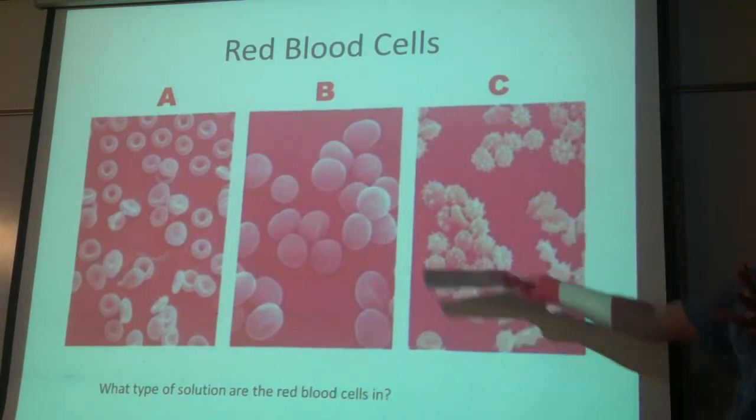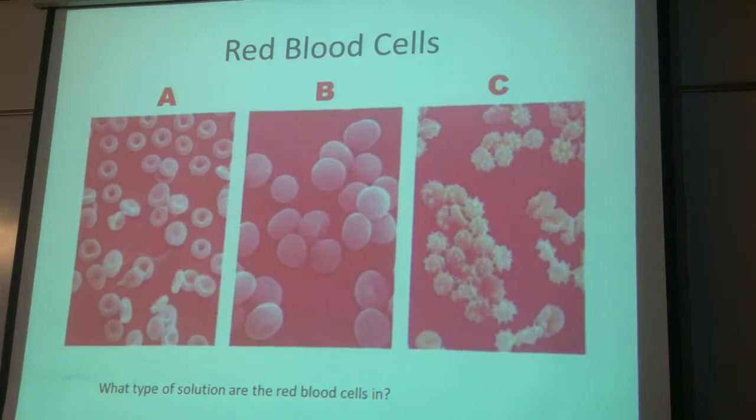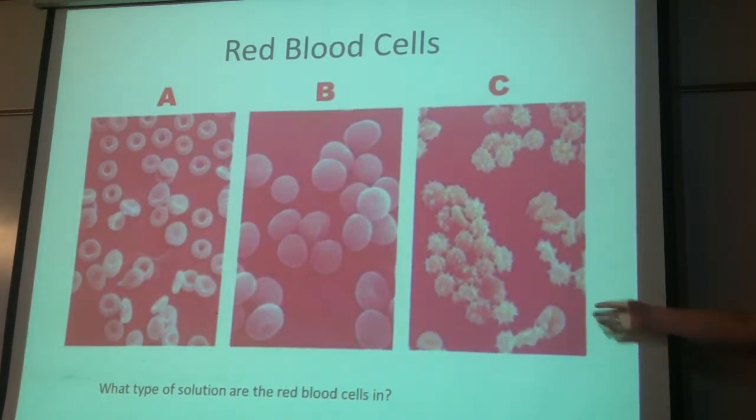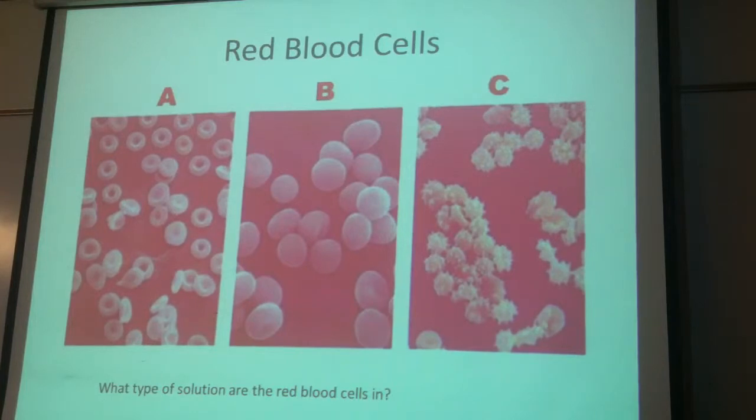So for the solution, hypo means less salt on the outside, and hyper means more. If you ask about the cell, it's the reverse. Isotonic is the same, equal, so it doesn't matter whether you're asking about the cell or the solution. It only matters for hypo and hyper.